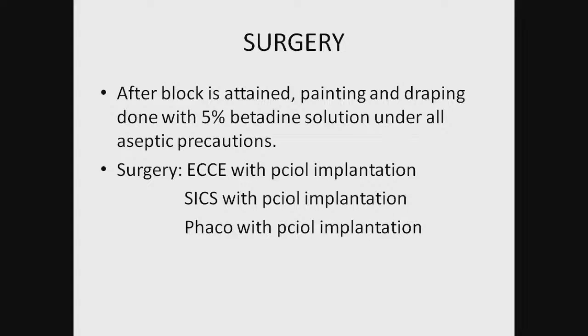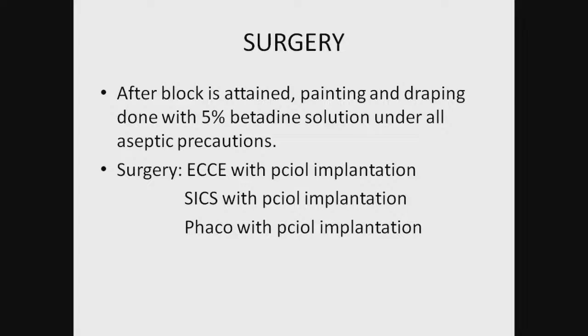And then, which type of surgery? If you are doing SICS, then an incision of 5 to 7 millimeter. If you are doing ECC, then the incision at the limbus is 10 to 12 millimeter. And for phaco, just a 1.5 to 3 millimeter incision is sufficient. Depending upon which surgery you are doing, you have to take the incision.